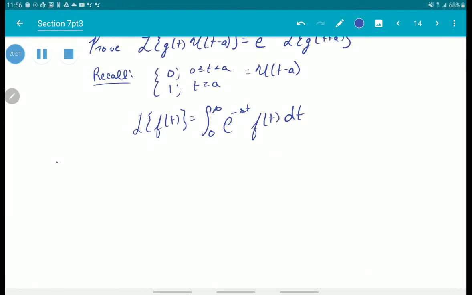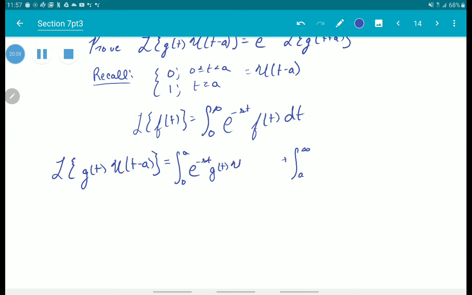So let's take the Laplace of g of t, unit step, t minus a. We know we're going to have to split this into pieces because of that unit step. So we're going to go from 0 to a, and then we're going to go from a to infinity. So applying that Laplace here, it's going to be e to the negative st, g of t times that unit step.